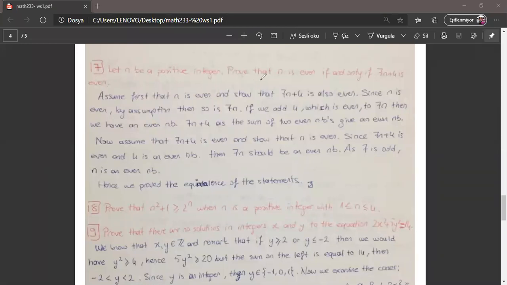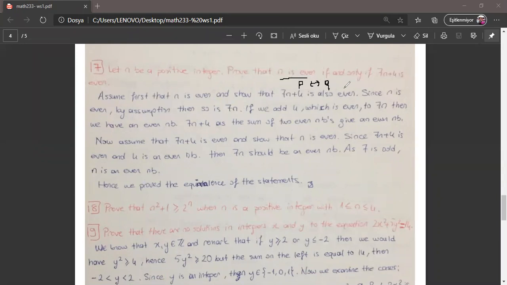So here we have the statement n is even, so we have the statement P. And we have if and only if. We have another statement which is 7n plus 4 is even. So P is n is even, Q is 7n plus 4 is even.